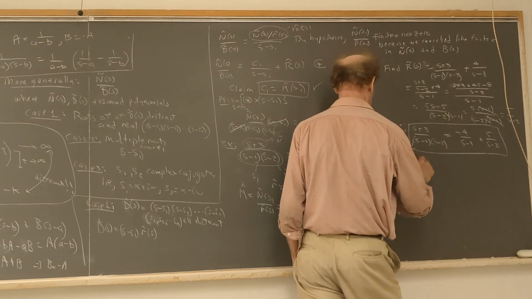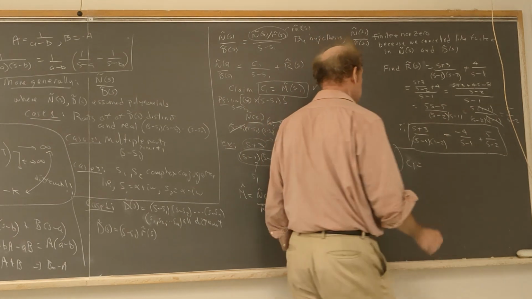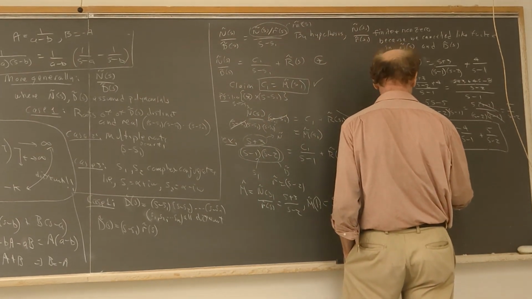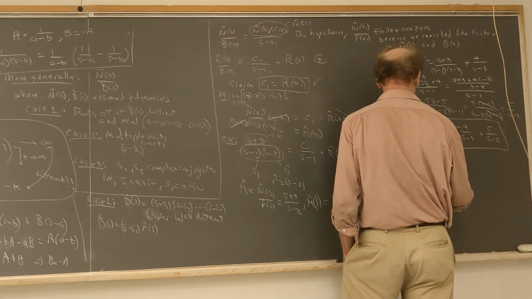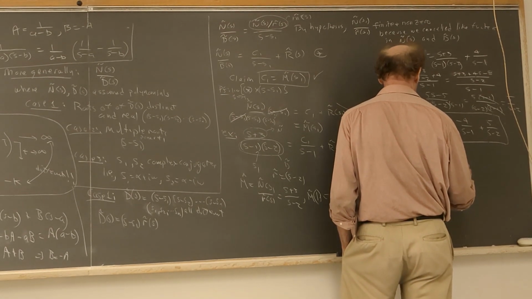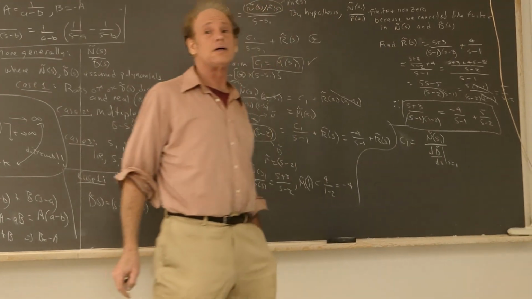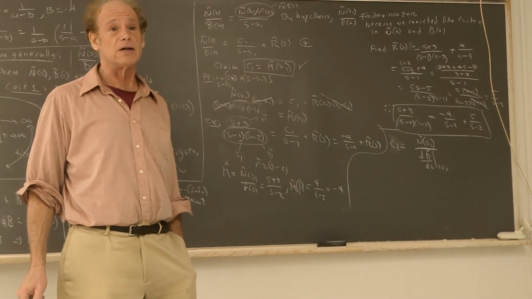C tilde C1 can also be written as n tilde of S1 over d d tilde ds at S is equal to S1. Now, where did that come from? How do I know that?